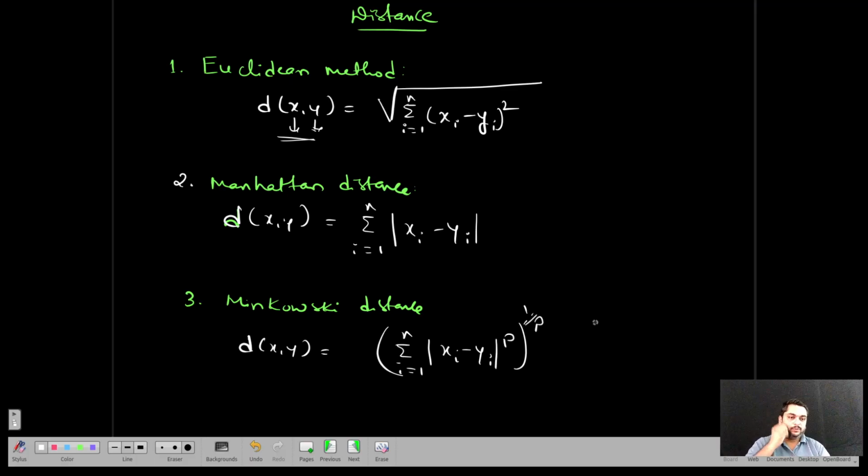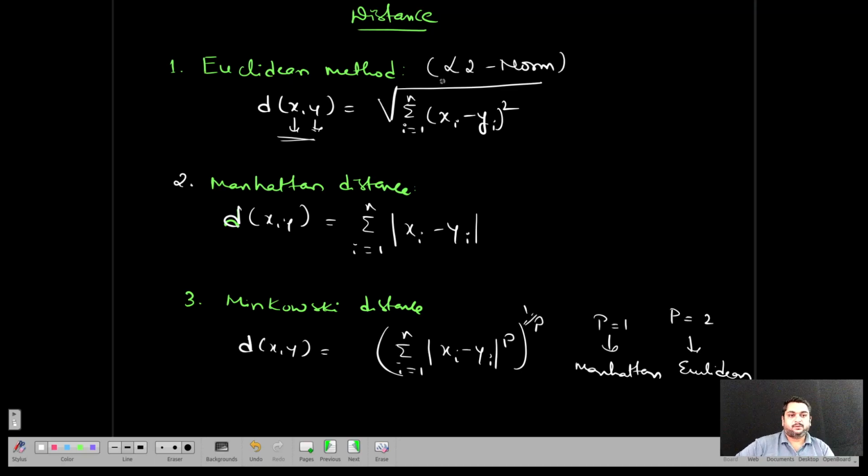If I put p equal to 1, it becomes Manhattan distance. If I choose p equal to 2, it becomes Euclidean distance. This is also called the L2 norm, just like the penalty term in ridge regression, that is also L2 norm. Manhattan distance is called the L1 norm. Level 1 normalization; level 2 is level 2 normalization or regularization.